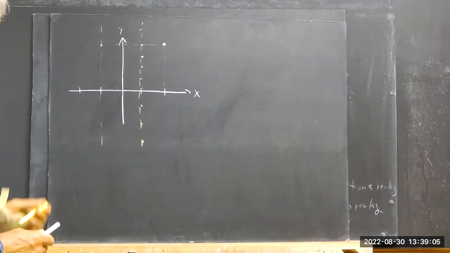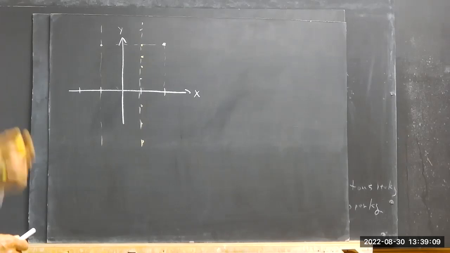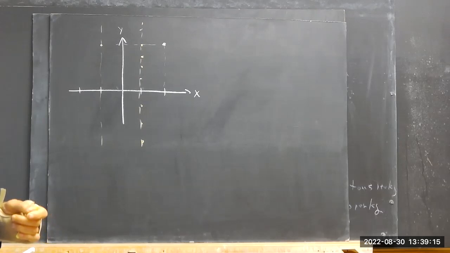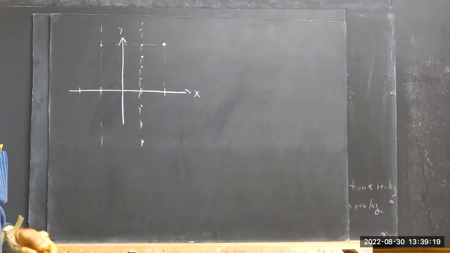Now, got a rule for you here. When you go twice as close to the y-axis, you get 4 times closer to the x-axis.